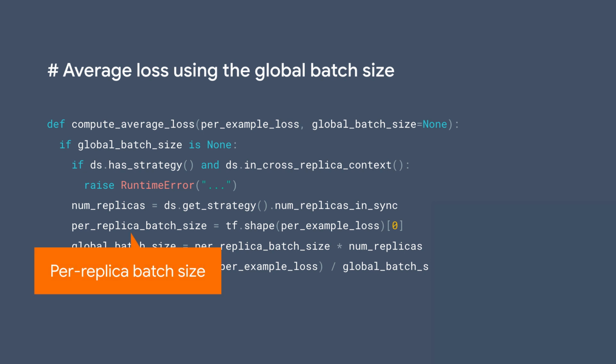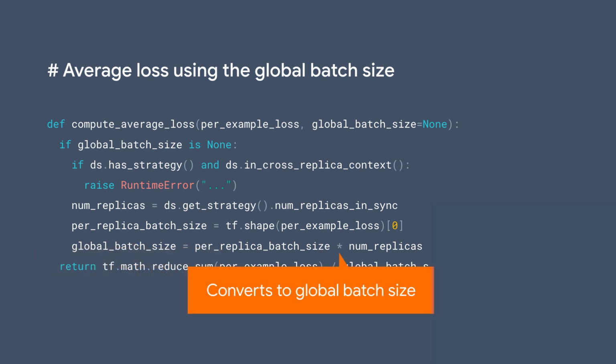Otherwise, we compute the per replica batch size from the tensor shape and scale it by the number of replicas from the current strategy to get the global batch size. And this might be slightly wrong in that it'll weigh the last batch slightly more, but it is the best we can do without knowing the global batch size.